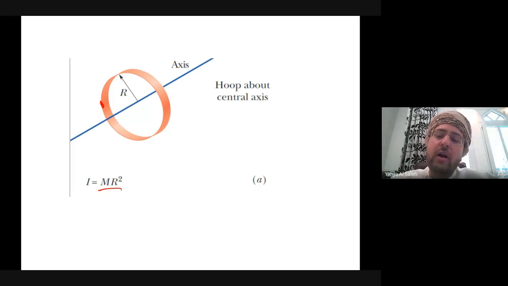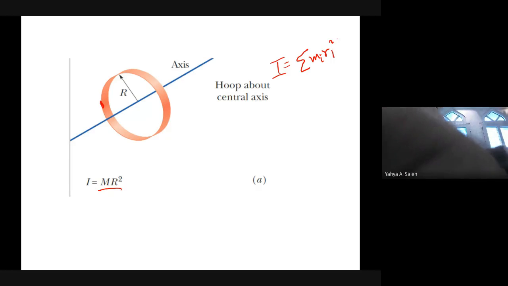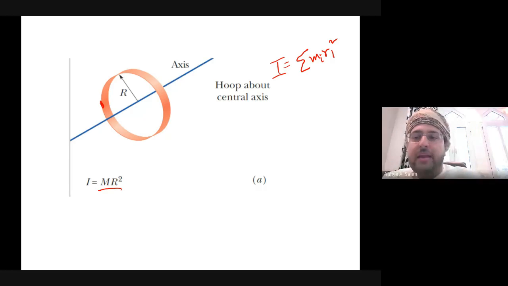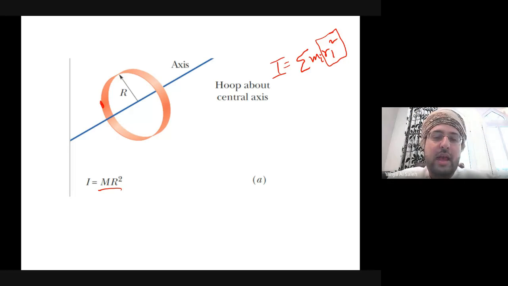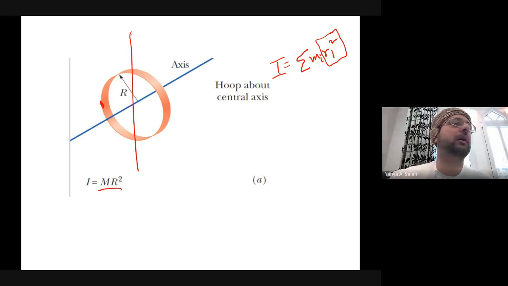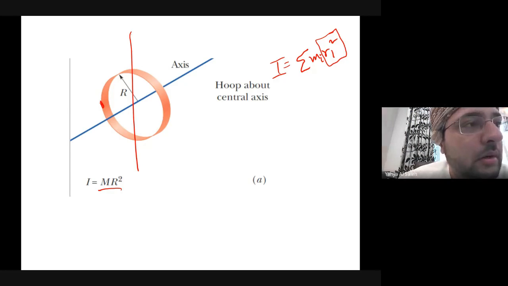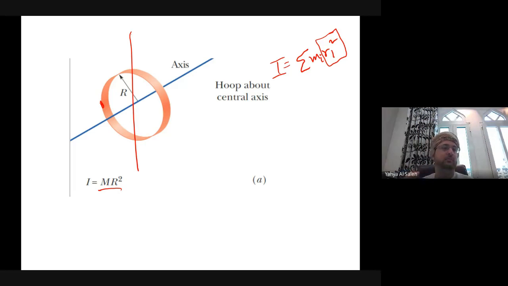Why are we saying about a central axis? Remember, I by definition is the sum of m_i r_i squared, and r is measured from the axis of rotation. Here, this might be useful. This is a hoop.